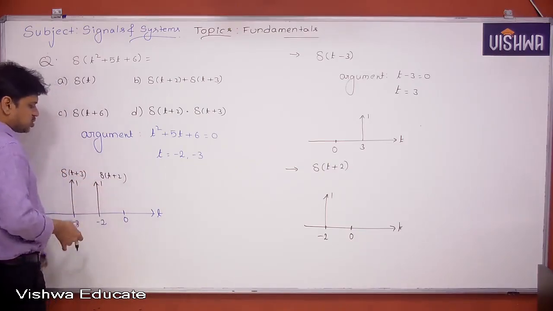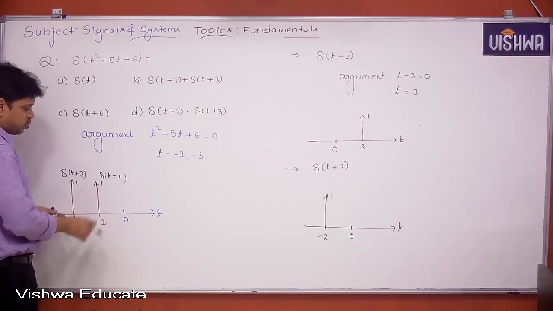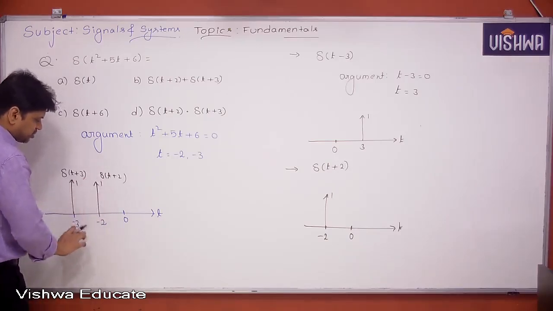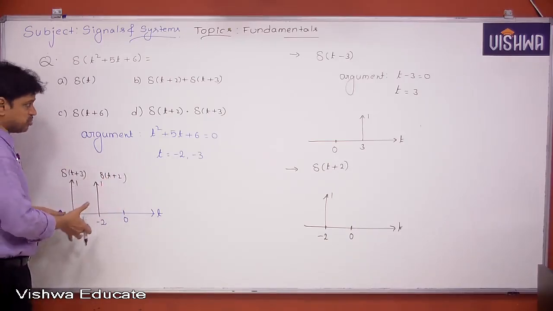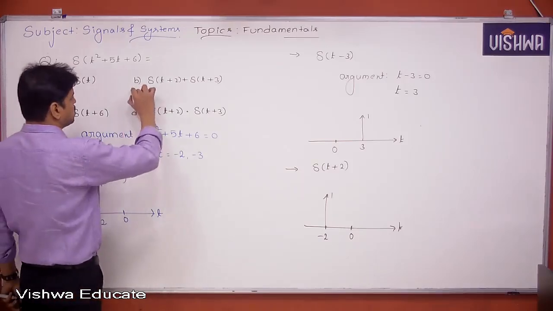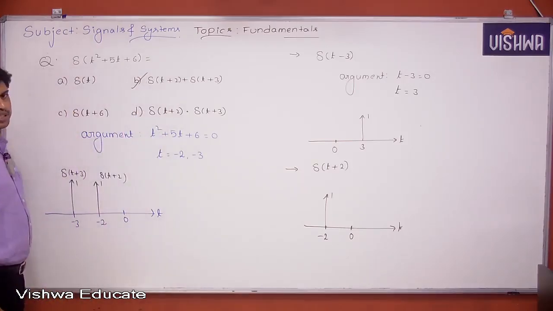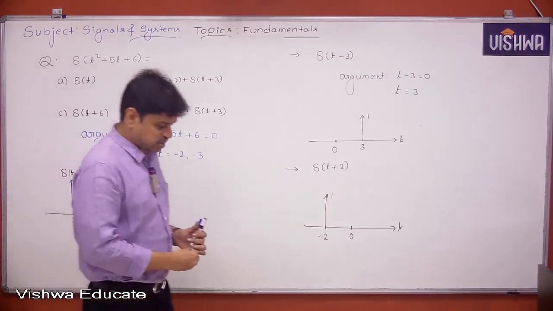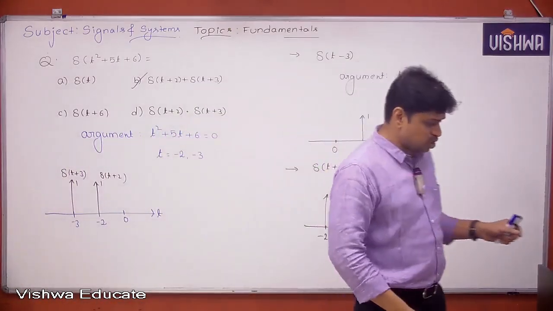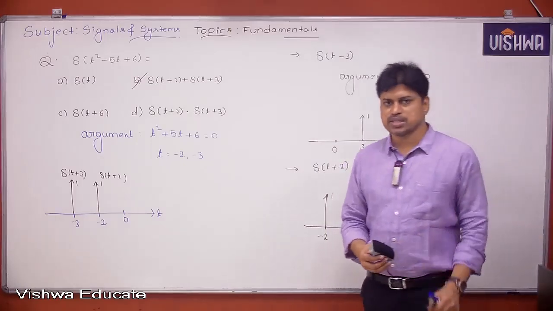Two impulse functions, so we add them, which is option B. Make a note. Just remember, wherever the argument is 0, there the impulse function exists.